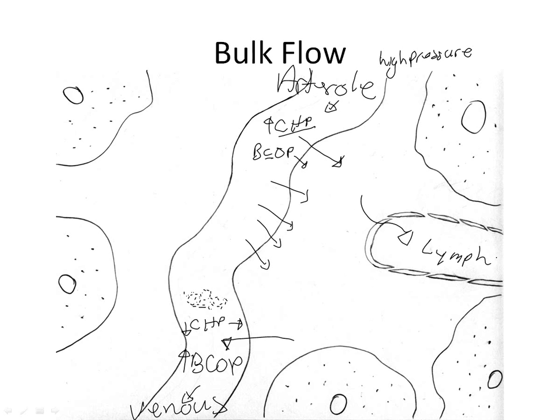Some fluid will enter the lymph system, and therefore become lymph fluid. Specifically, approximately 15% of the fluid that enters the interstitial space goes into the lymph system. The other 85 or so percent enters back into the bloodstream itself.